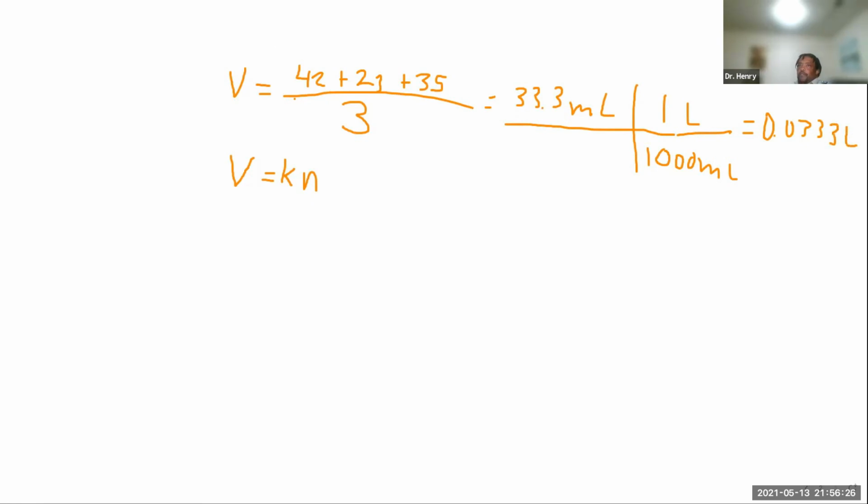Okay, so now you want to plug this into this equation and solve for n. K is a constant. K equals 24.5. And that is liters per mole. So if I divide both sides by K, I get V over K equals n.